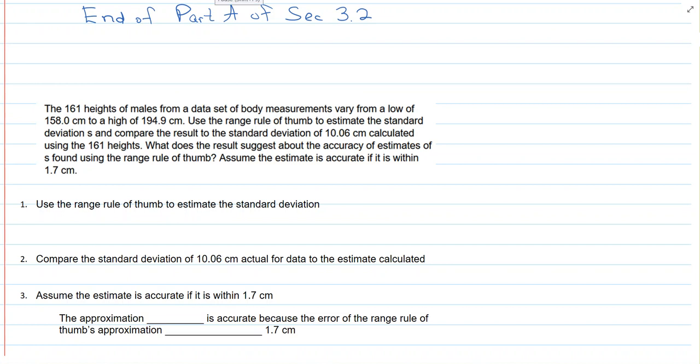We're starting part B of section 3.2 on range, variance, and standard deviation. We went through a lot of language and description of what it is, and we talked a little bit about its reference to reaching the bell curve.